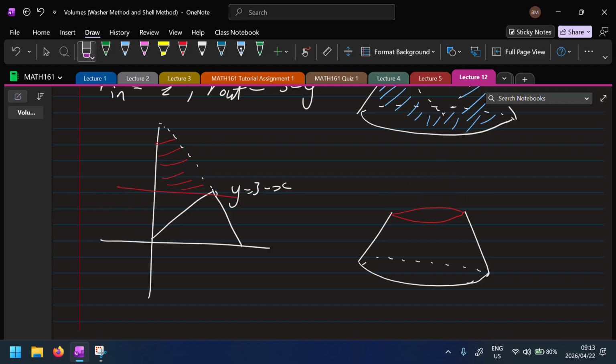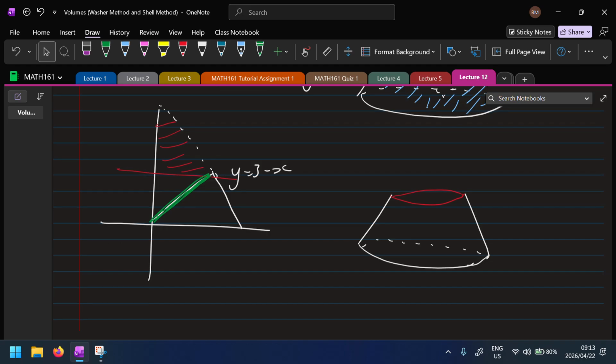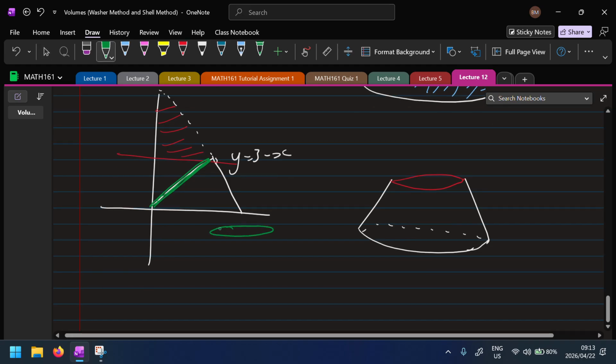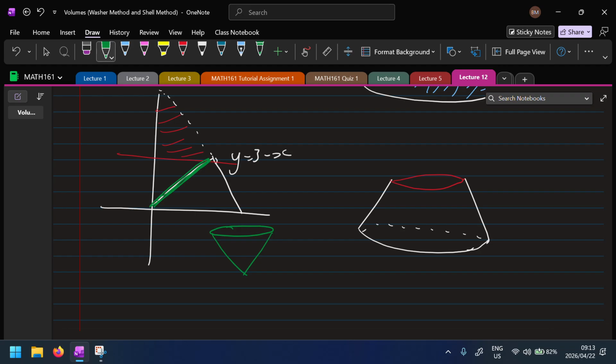You see that? Okay. And what about that inside part? So let's put that in green here. So we take that line, we rotate it around. It's also a cone, but it's upside down. So it's going to look like this. Right? Upside down cone.